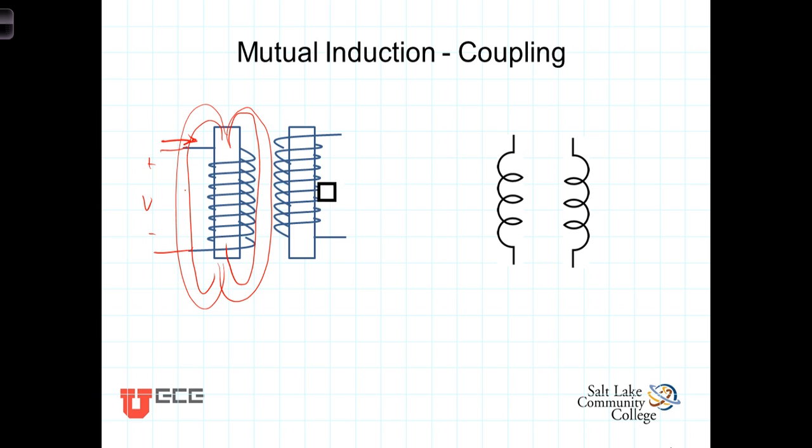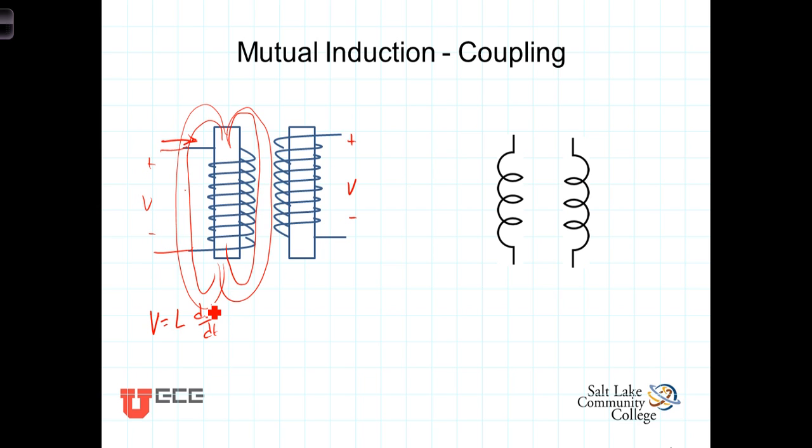Now, when another coil is brought into proximity of the first coil and its changing magnetic field, a voltage is induced in the second coil. As we saw, the voltage in the first coil was equal to this constant that was associated with the physical structure of the coil, which is known as its inductance, times the derivative of the current flowing in there.